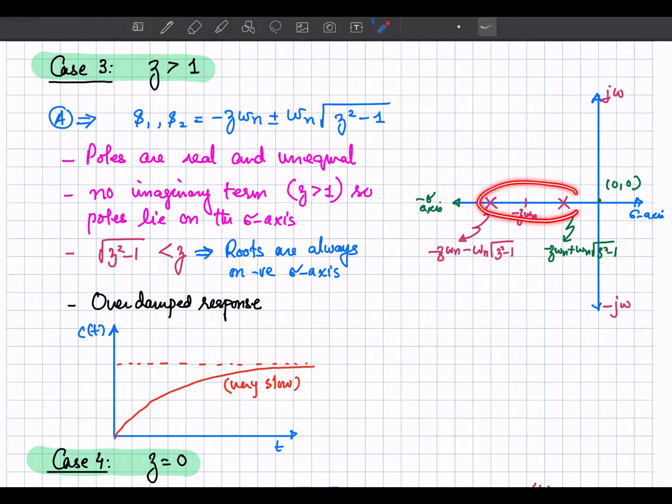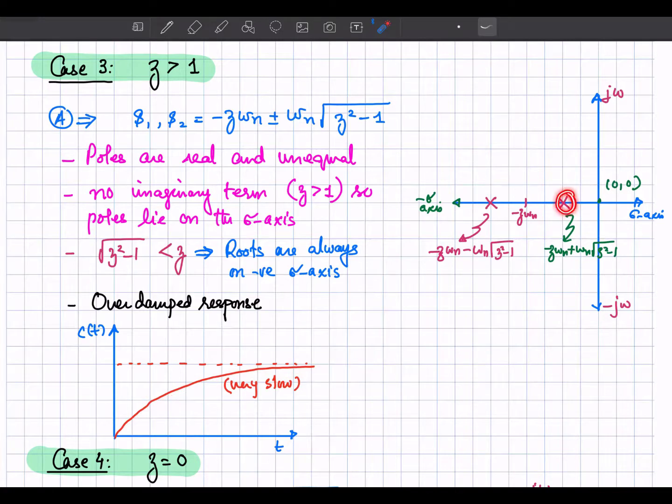So both the poles are on the negative real axis when zeta is greater than 1, and the step response for this particular situation is this one. It is a very slow response, and very slowly our system approaches the steady state value.